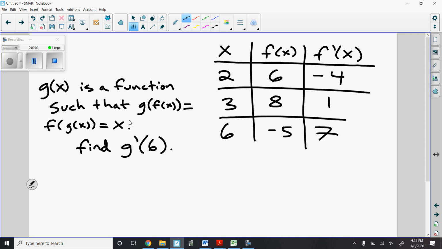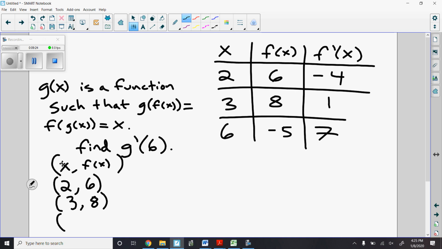When we take a look at the points that we know on f, we have the points 2,6, 3,8, and 6,-5.